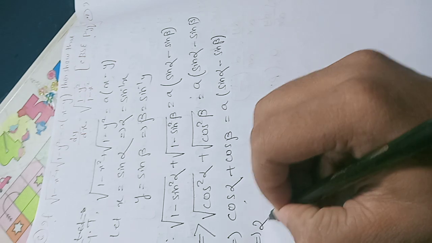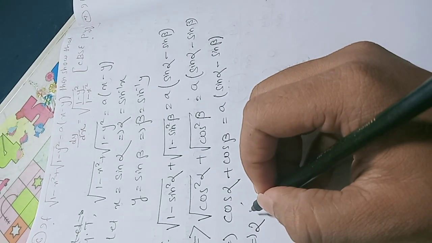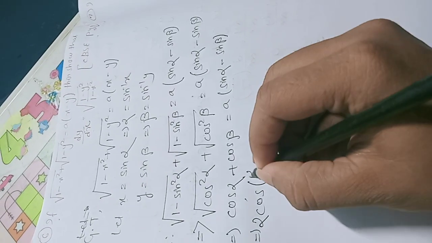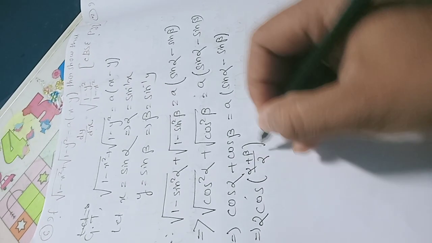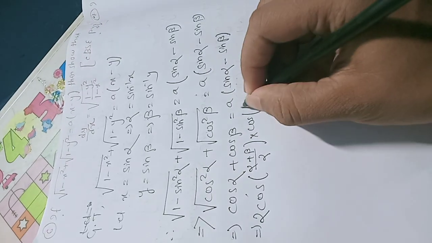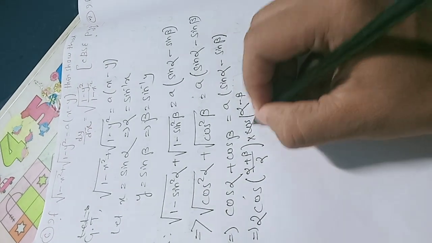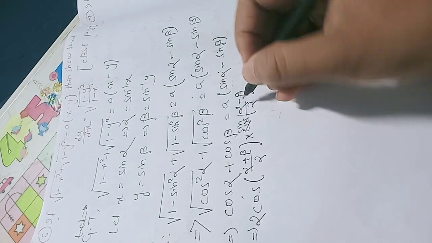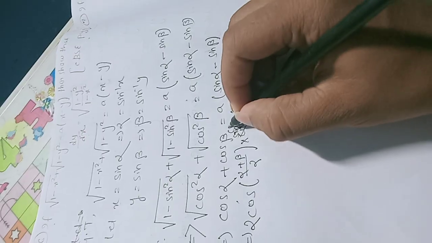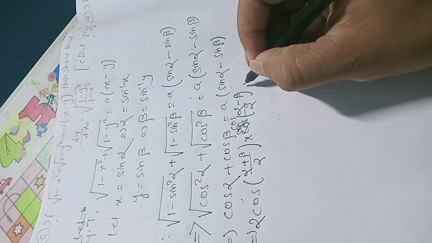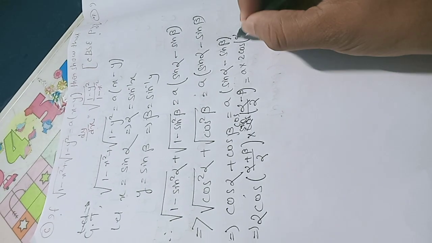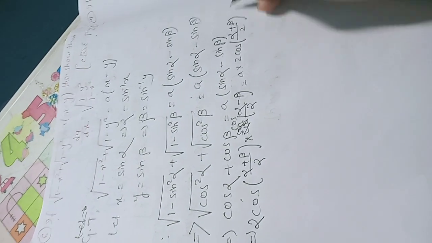Here the cos C plus cos D formula you have learned in class 11. What is the formula of cos C plus cos D? 2 cos C plus D by 2 into cos C minus D by 2. Okay, so cos alpha plus cos beta is 2 cos alpha plus beta by 2 into cos alpha minus beta by 2, is equal to a into sin C minus sin D, a into 2 cos alpha plus beta by 2 sin alpha minus beta by 2.